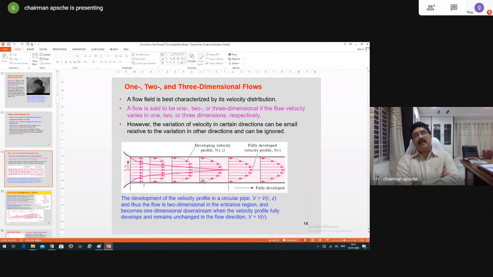So if it is a small diameter pipe, the chances of getting a fully developed flow are very high. And also, the length of the cylinder plays a very important role. Even for a small diameter cylinder, if the length is very short, even at the exit, maybe the boundary layers may not intersect.